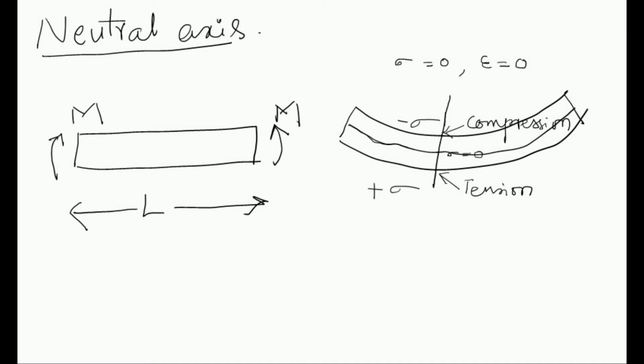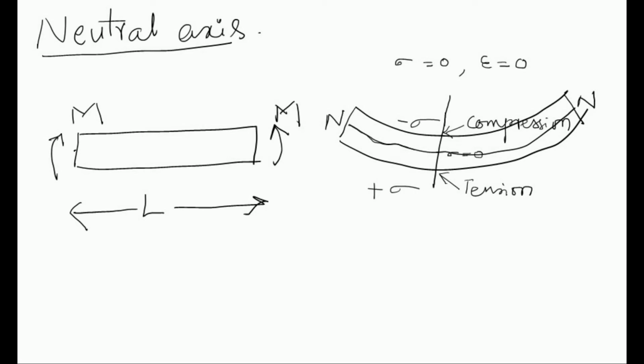What that means is the length before bending and after bending is still the same in that layer. So the length L, there is no stretching or shrinking. There is change in shape, but there is no stretching or shrinking of that neutral layer.